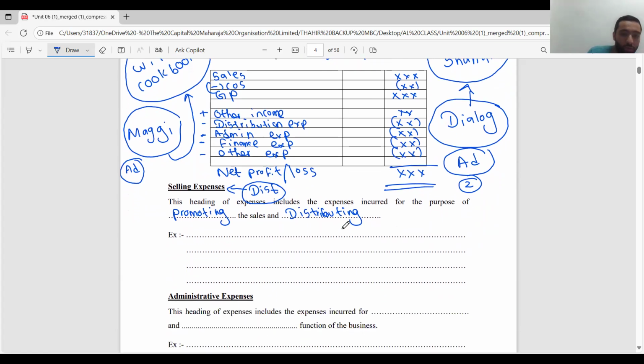Okay, so write down the examples. Advertising expenses, sales commission, showroom, distribution expenses, everything related to sales.